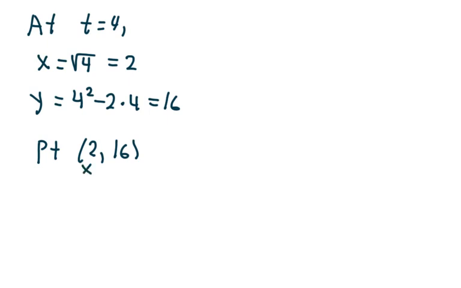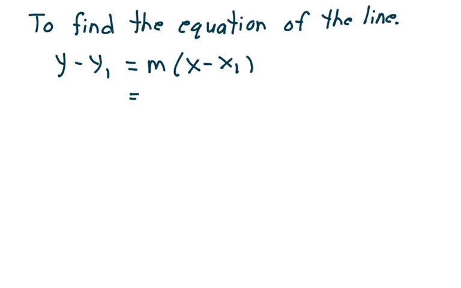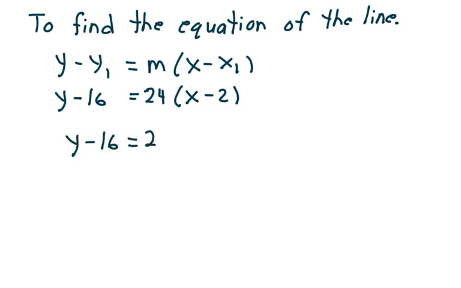And x1 is 2, and y1 is 16, right? So we get y minus 16 is 24 times x minus 2. And we just want to solve for y. y minus 16 is 24x minus 48. And so y is 24x minus 32.